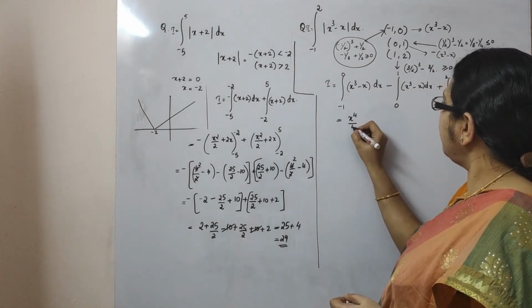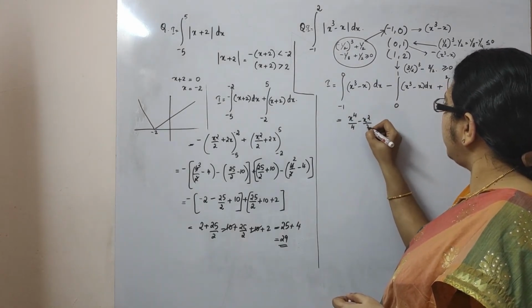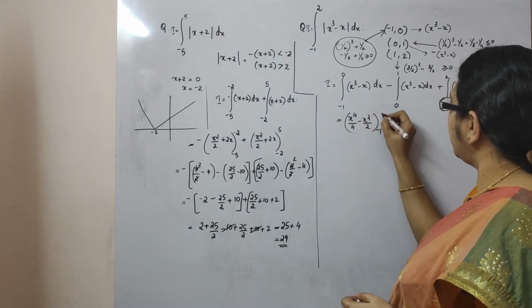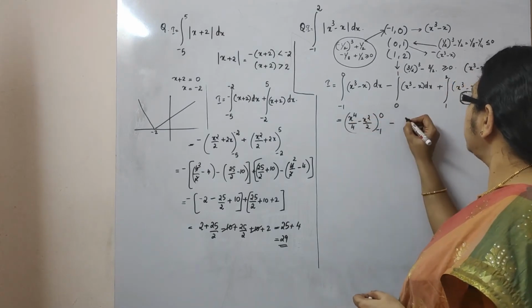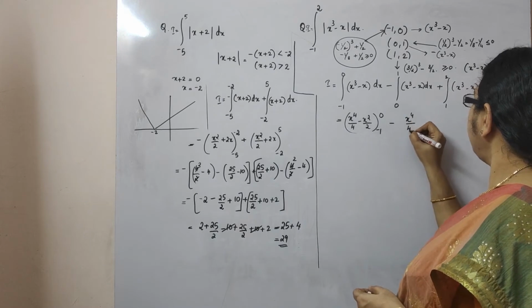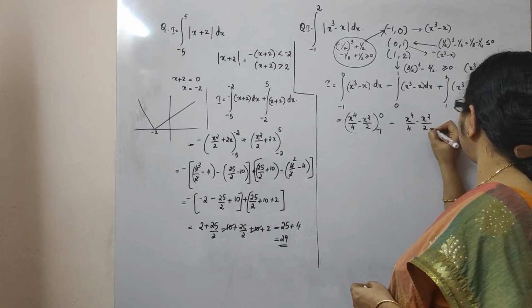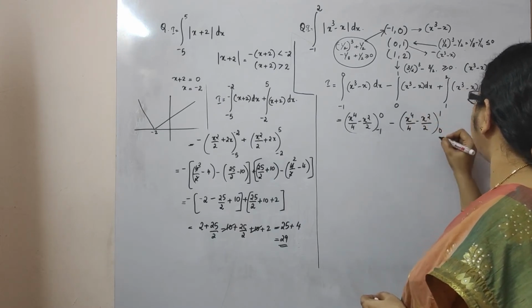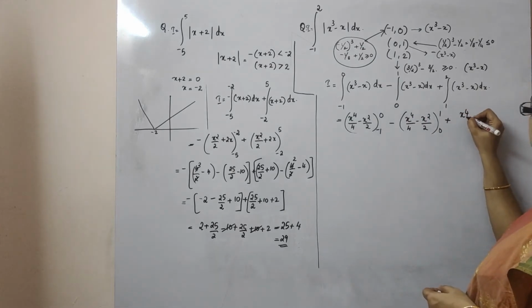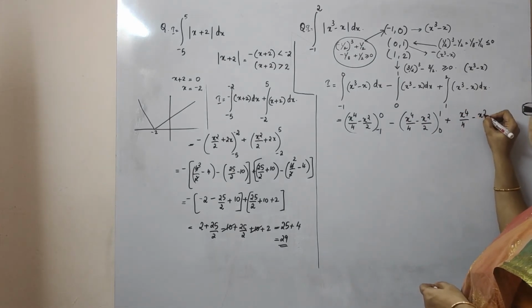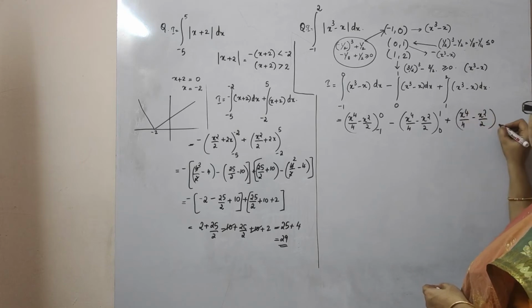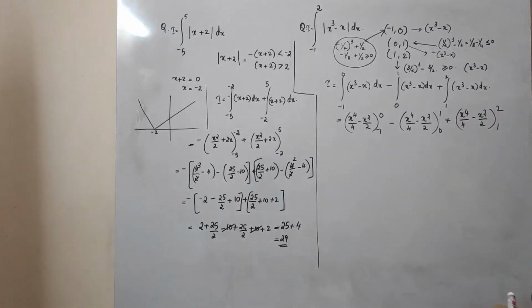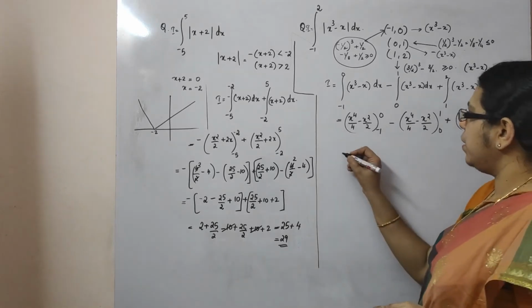When I integrate, what do I get? x raised to 4 by 4 minus x square by 2 within the limits minus 1 to 0, minus x raised to 4 by 4 minus x square by 2 within the limits 0 to 1, plus x raised to 4 by 4 minus x square by 2 within the limits 1 to 2. Now applying the upper limit and lower limit.